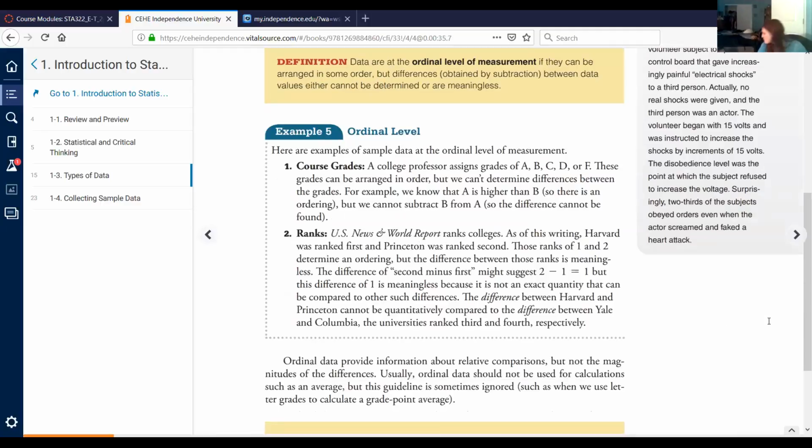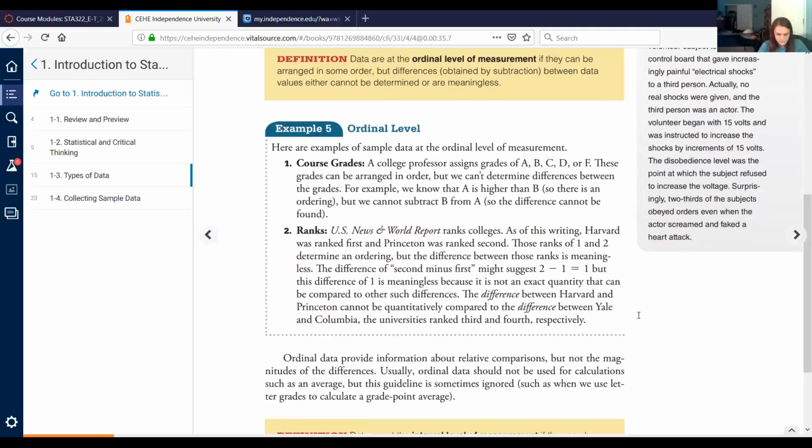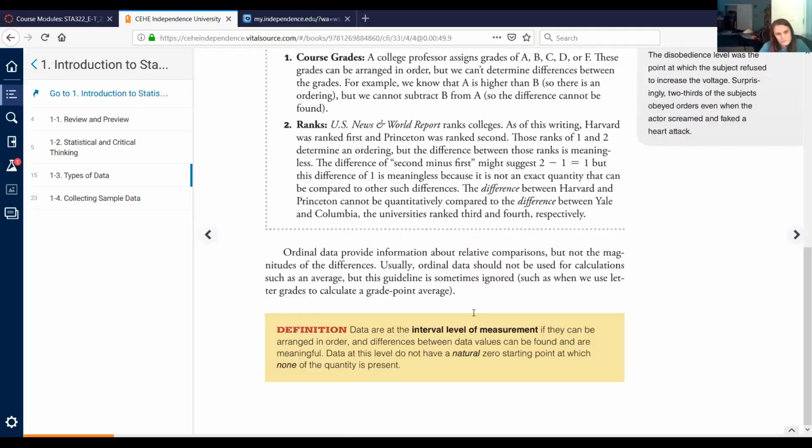If you're ranking your favorite colors, there's no difference between blue and red. They can be arranged in order if we follow the rainbow. So ordinal data talk about relative comparisons.